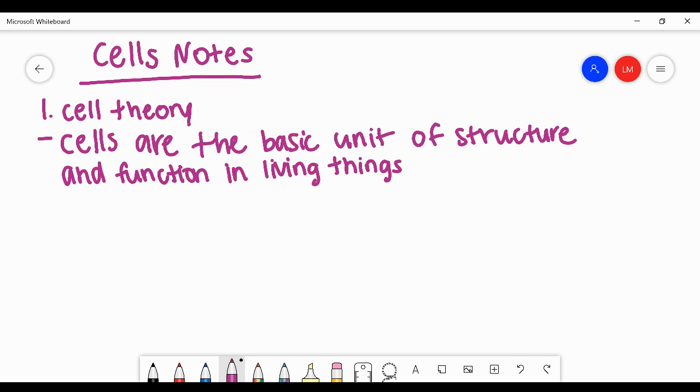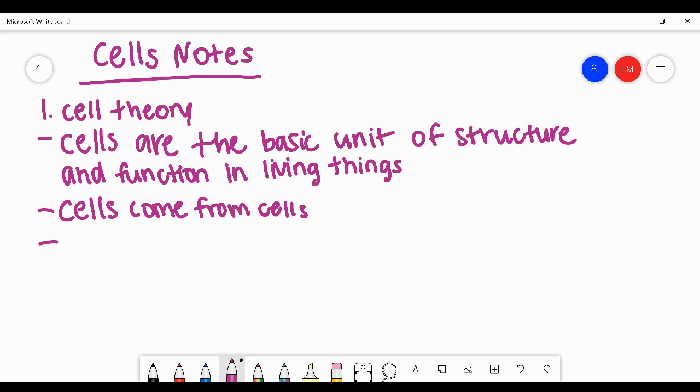So the smallest living thing is a cell. The second part says that cells come from cells. Which means we have to have a cell to make a cell.